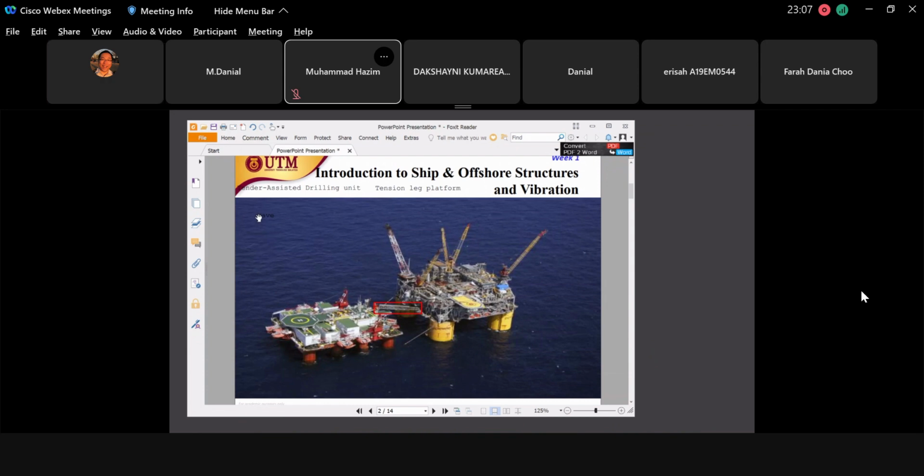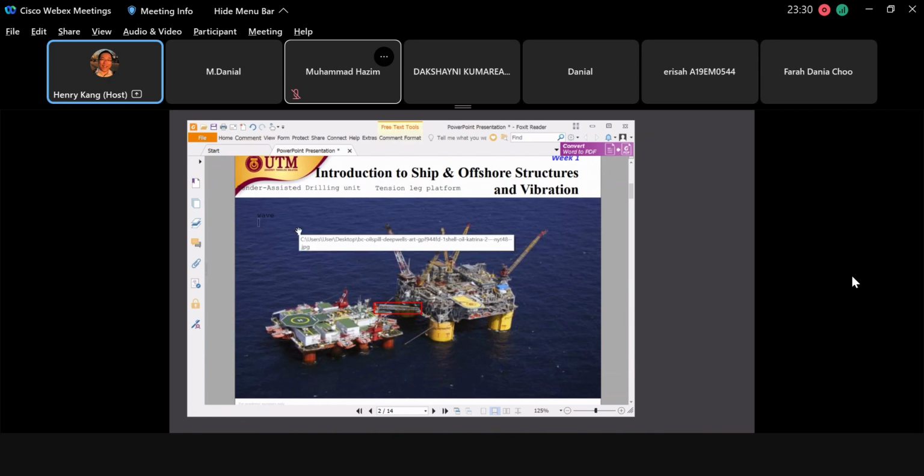So these can all together be considered as offshore structures. Besides the offshore structure, we also have the ship structure as well. Normally, the structure will be subjected to loadings, which we name the external environment loading, which comes from the wave, wind, and also the sea current. Okay, the current is from the bottom. All right.